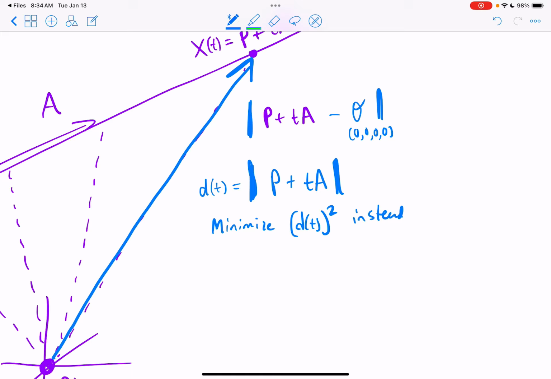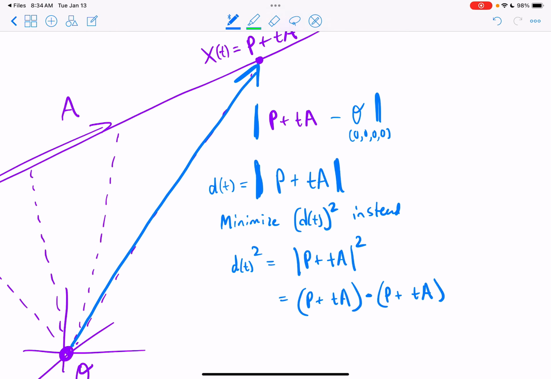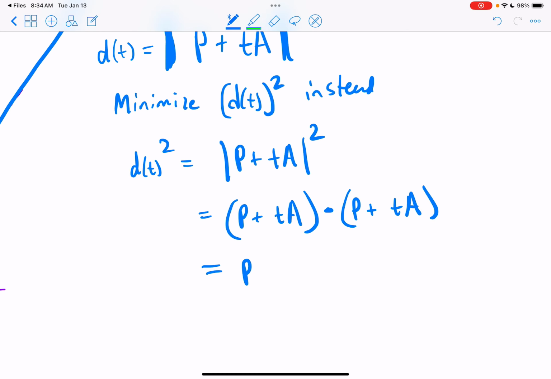Why is that? Well, because d of t squared is the length of p plus ta squared, which is, by definition, p plus ta dot product p plus ta. Now I can expand this out. I get p dot p, or p squared for short, plus t times a dot p, plus another t times p dot a, which is the same as a dot p.